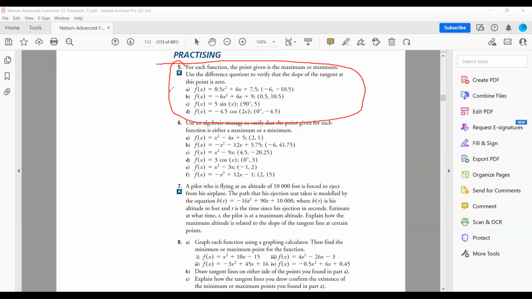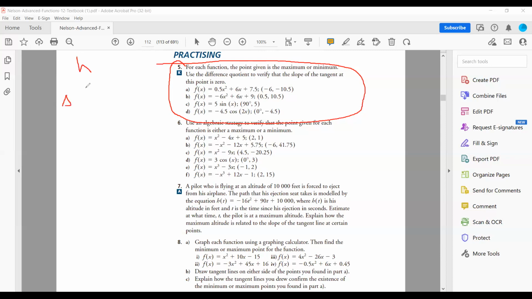I will write down the formula right here that you're supposed to use for this problem. So for each function, the point given is the maximum or minimum. Use the difference coefficient to verify that the slope of the tangent at this point is 0. Difference coefficient is h.